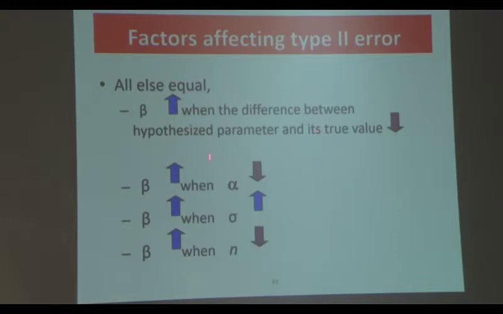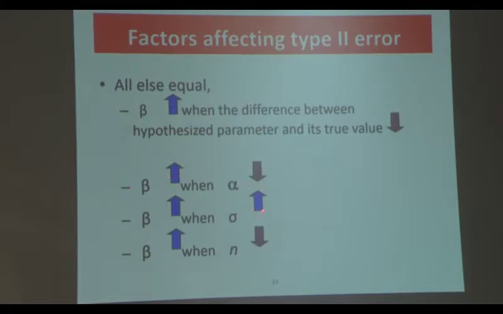For example, as you can see here, beta increases when alpha decreases. Beta increases when the standard deviation increases. Beta increases when the sample size decreases. And please note that when beta increases, 1 minus beta, which is the power, decreases. So when you decrease alpha, you increase beta, you are decreasing power.